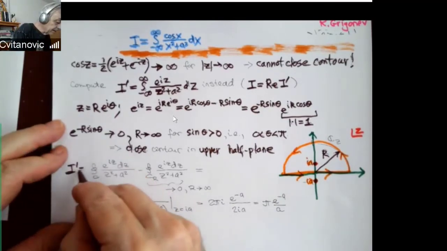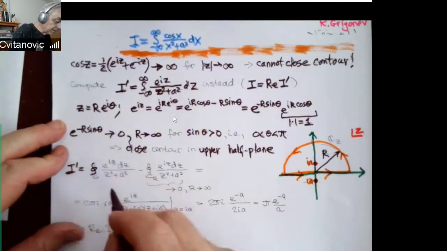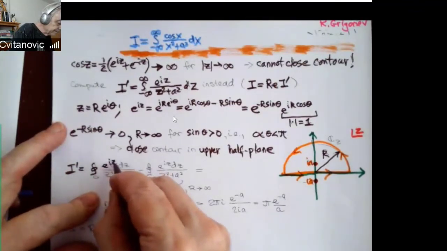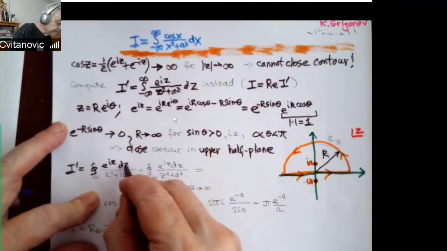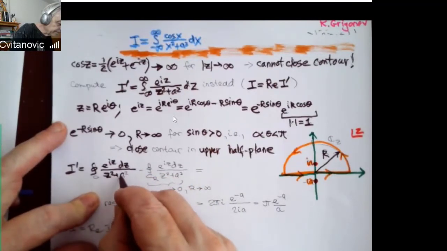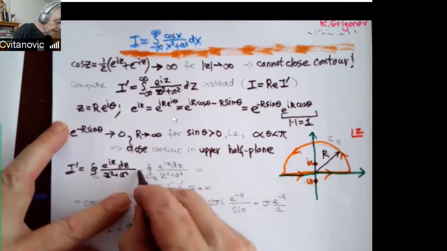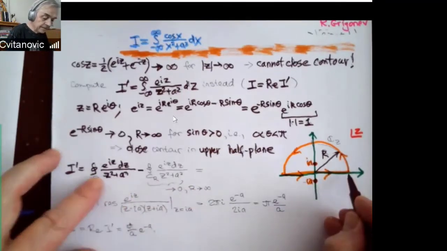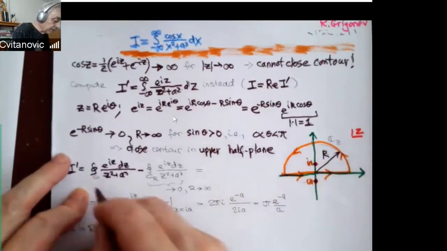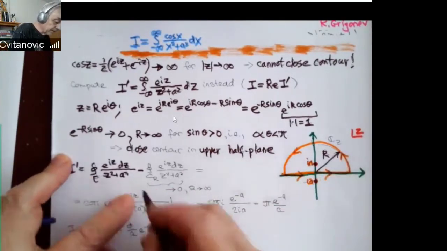This integral on the contour is this part, but I have to subtract from the contour the half circle.